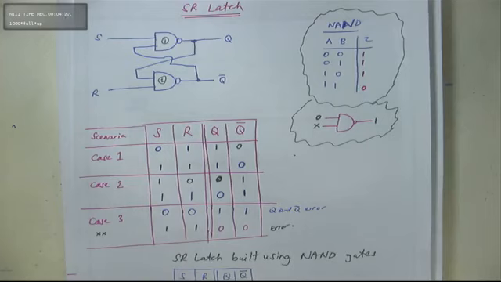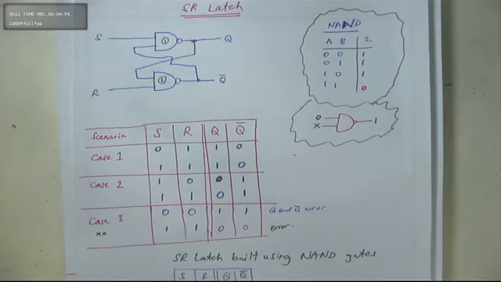Okay, so this was our SR Latch. We had case 1, case 2, case 3. The circuit is a very fussy circuit. It works well with the input 0, 1. With 0, 1, it will give an output of 1, 0. Q is 1 and Q bar is 0. And it works well with input of 1, 0. So with 0, 1 and 1, 0, the outputs are always fixed.